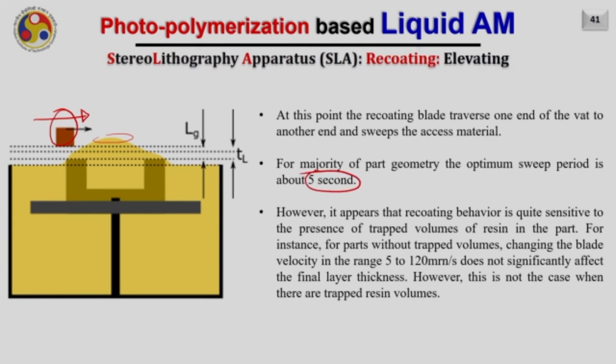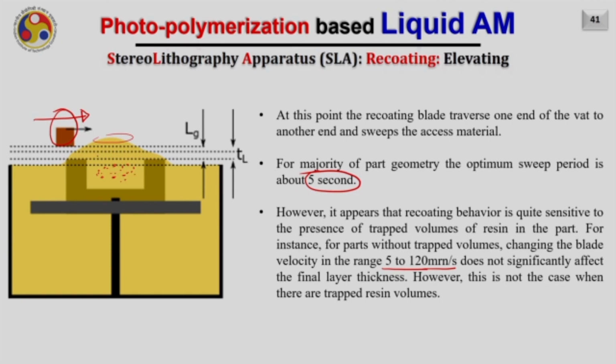However, it appears that the recoating behavior is quite sensitive to the presence of trapped volume here. For instance, for two parts without trapped volume, changing the blade velocity in the range 5 to 120 meter per second does not significantly affect the final layer thickness. However, this is not the case when there are trapped volumes.